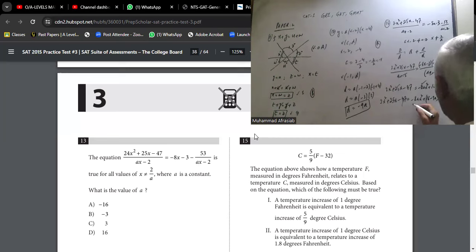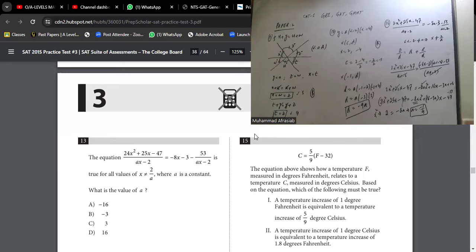So here the x² coefficient is 2, which is equal to the x² coefficient, which is −8a. So a is equal to 2 over −8, that is equal to −1/4. So the value of a there is −1/4.